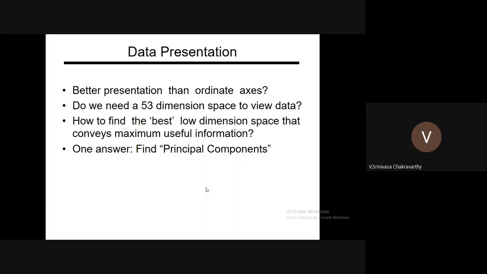The way it is done is you find out what is the subspace in which there is maximum variation in the data, and then you transform this data into that subspace and try to visualize the data in that subspace. Hopefully, it is a small dimensional space. This idea of finding out the most important dimensions, the subspace in which there is maximum variation, is called principal component analysis, or PCA.